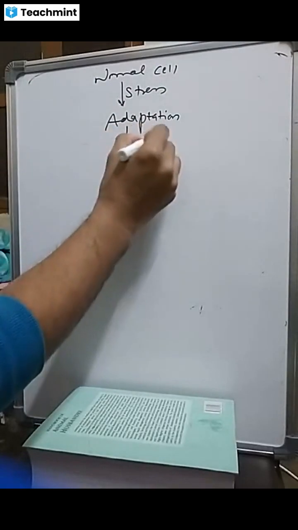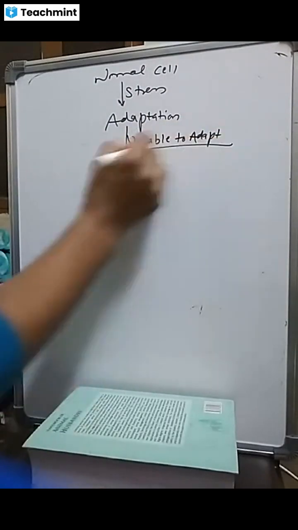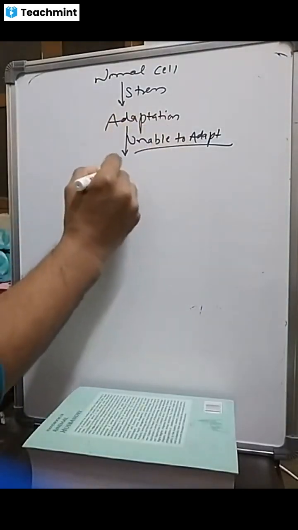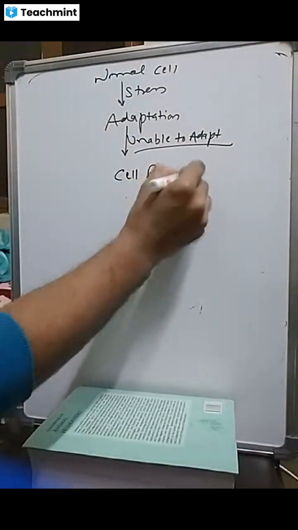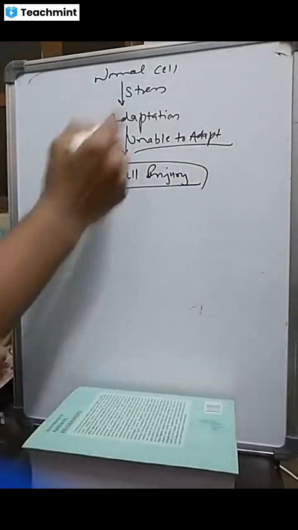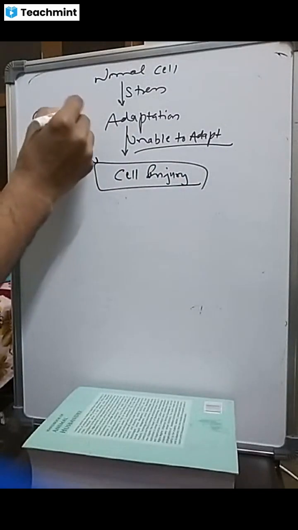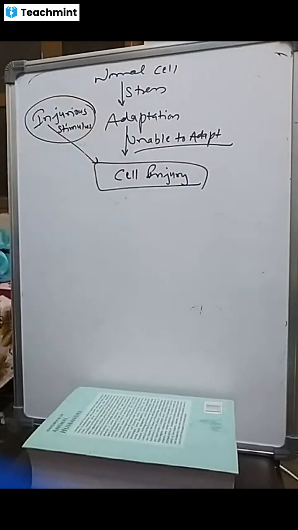If the cell is unable to adapt, then what will happen? Cell injury. Another cause may be a direct injurious stimulus that may cause cell injury.